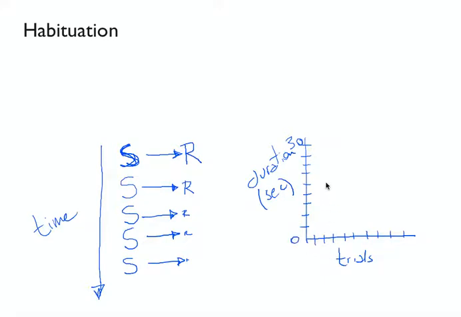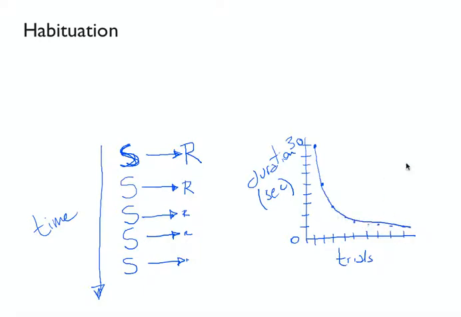And what you should see with a habituated response is that the first time you present the relevant stimulus, the magnitude of the response, in this example the duration of the response, is pretty high. But as you present the same stimulus over and over, you may see a rapid decline in the duration, or in the magnitude, of the response.